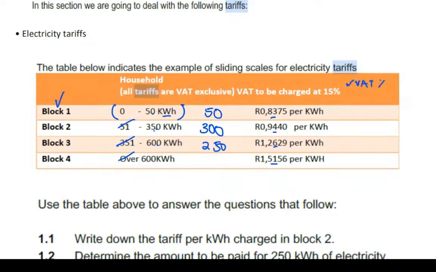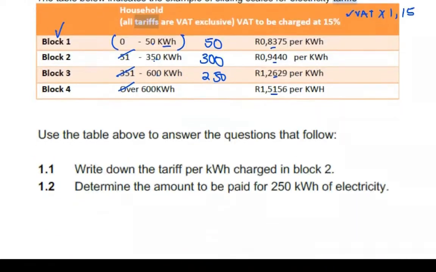And remember, including VAT, we shall always multiply by 1,15. When we are excluding, we shall divide. In this scenario, we don't need to exclude. We need to include. Why? The prices do not have VAT. Your final answer should have VAT.